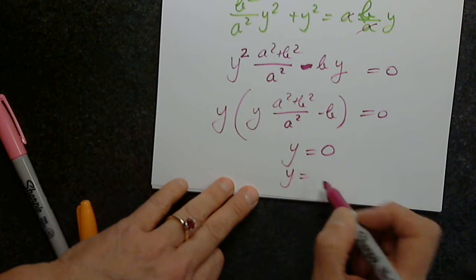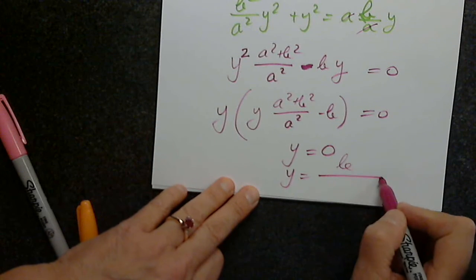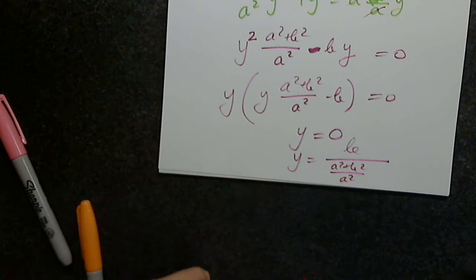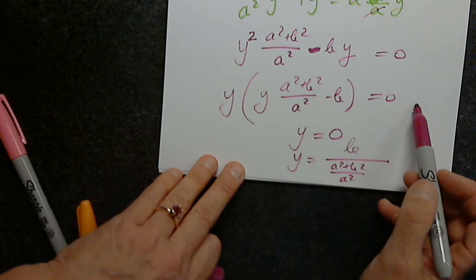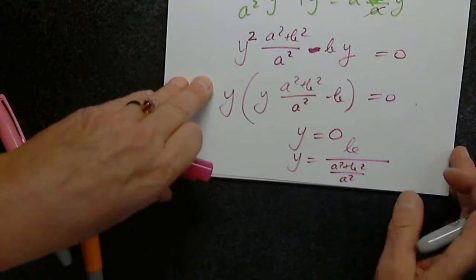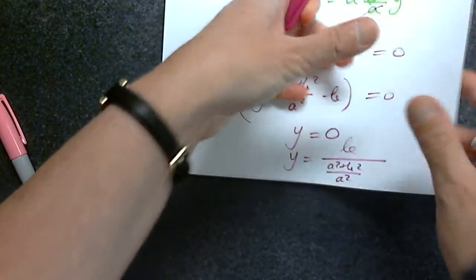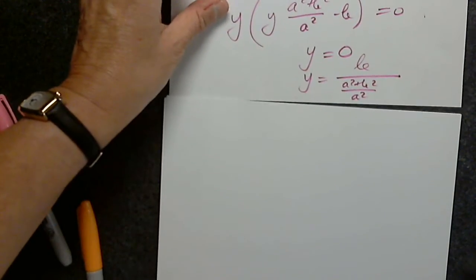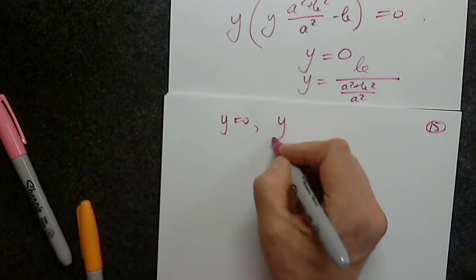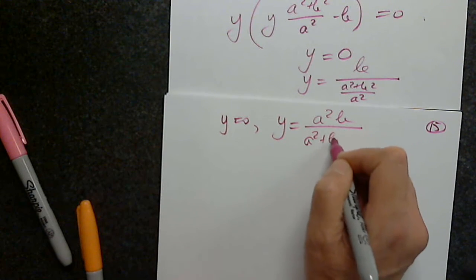And the second solution is b over a squared plus b squared over a squared, because I have to move b to the other side and divide by the coefficient of y. So I have to flip the denominator, and I get a squared b. So I get two values for y: y equals 0 and y equals a squared b over a squared plus b squared.